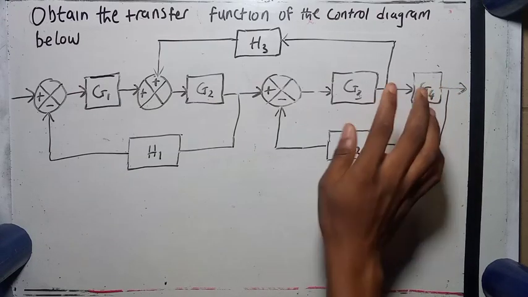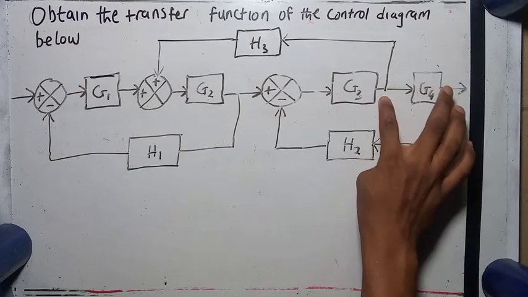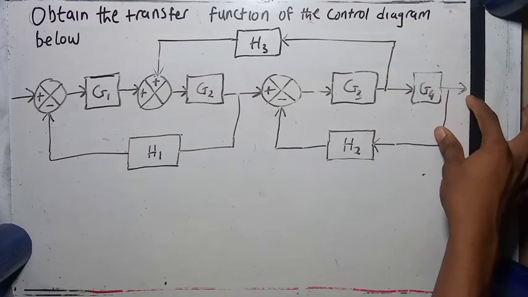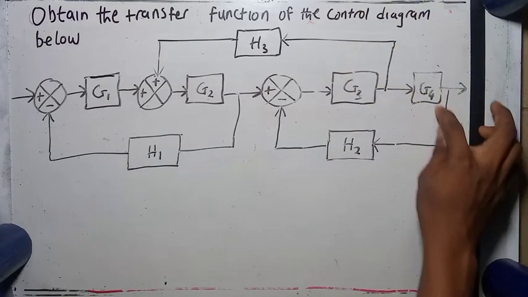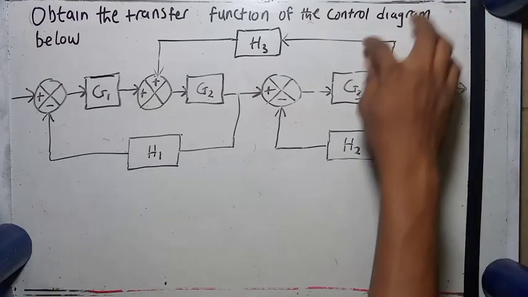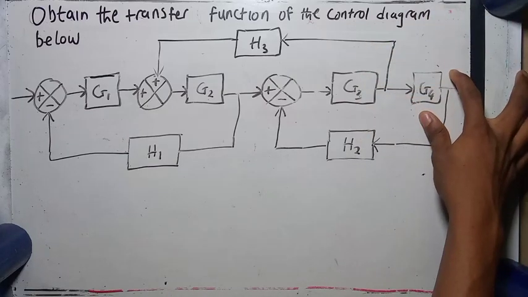When you're moving a branching point in front, you introduce 1 over g4, the one that you just passed.